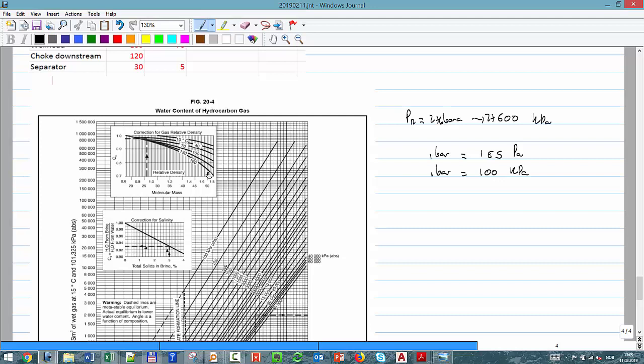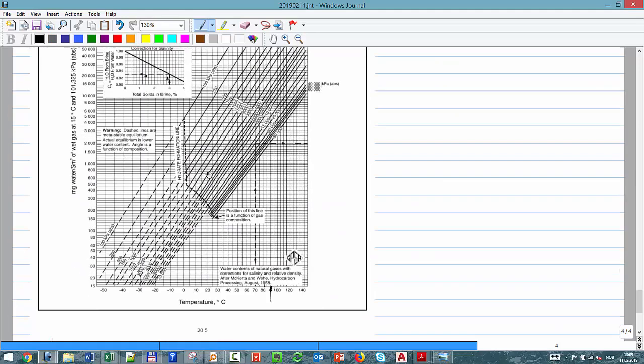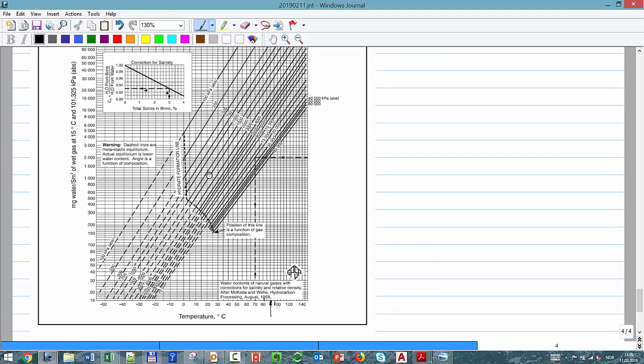Okay, so I should be between the curves. There are two curves, 20,000 and 30,000. So I go up, put it in red. And I have to mark it between exactly here, at that pressure.